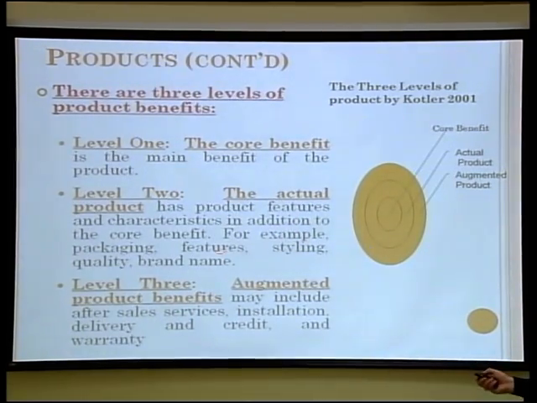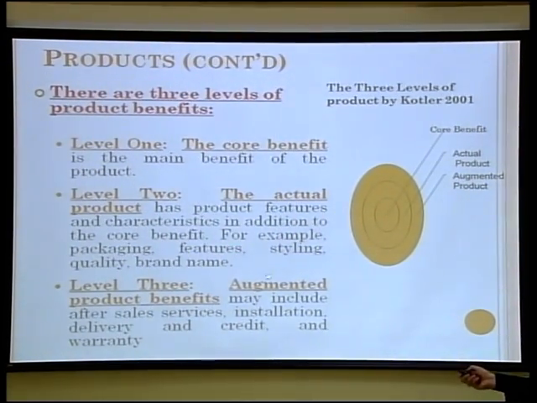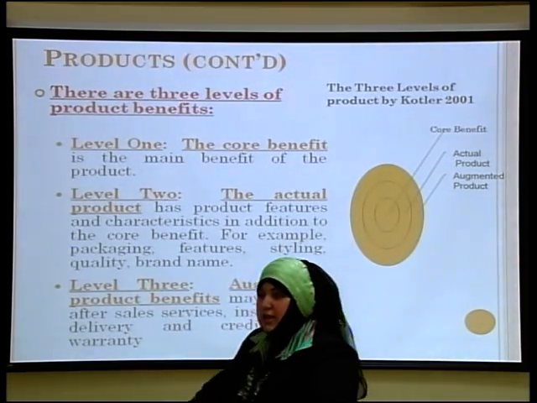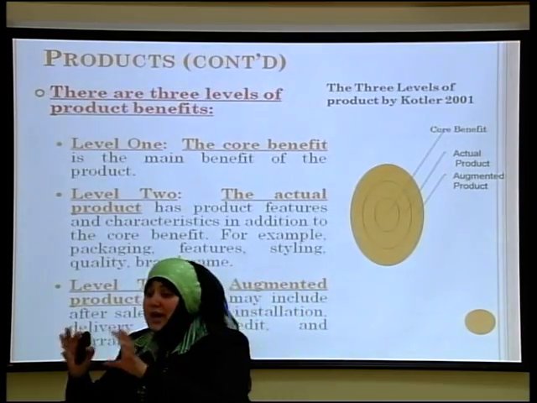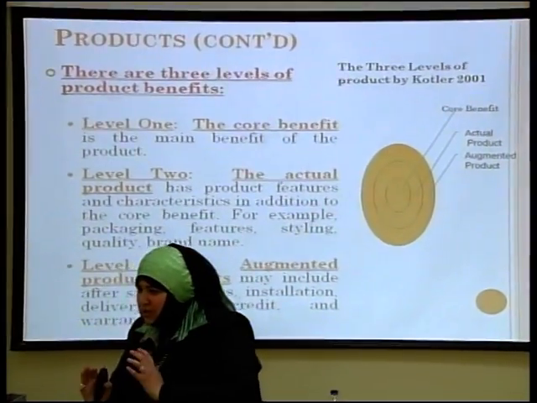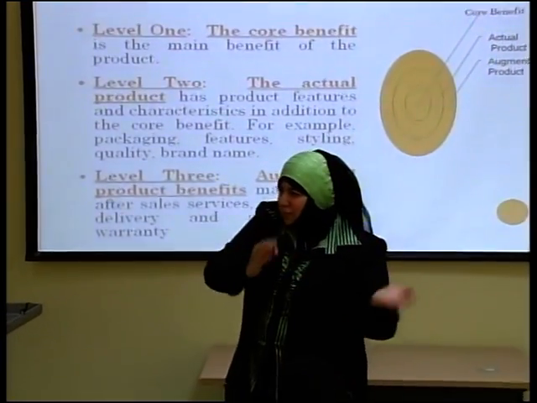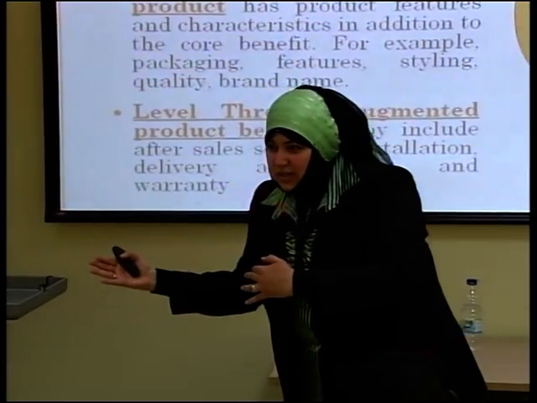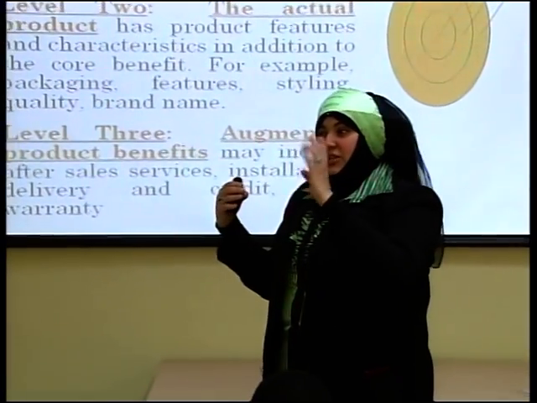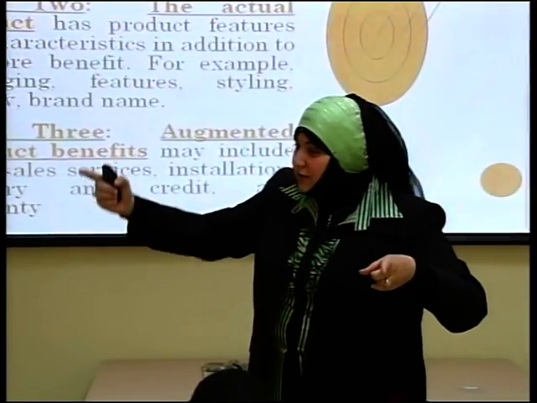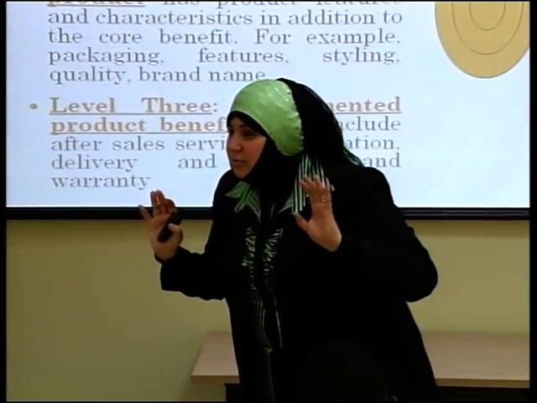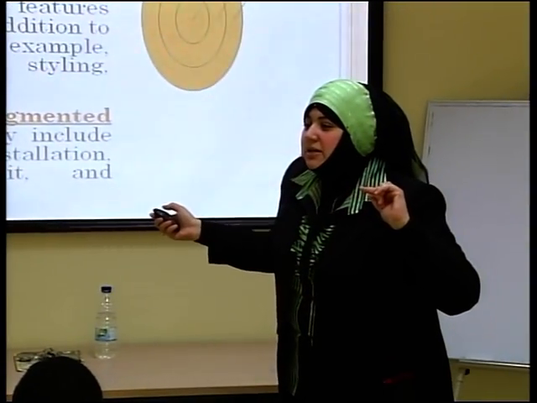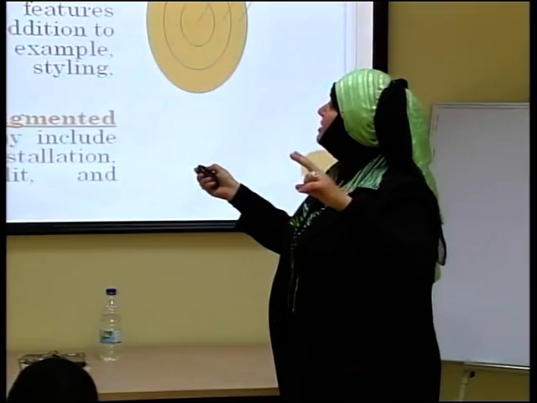For example, packaging, features, styling, quality, brand name, all these are additional characteristics you as a marketeer add to your product so that you differentiate and distinguish it from other competitors' similar products. You got that? So this way, you decide to get Toyota instead of Hyundai, for example, because of the second level of the benefit, which is the actual product. Because both of them will provide you with the same core benefit, right?